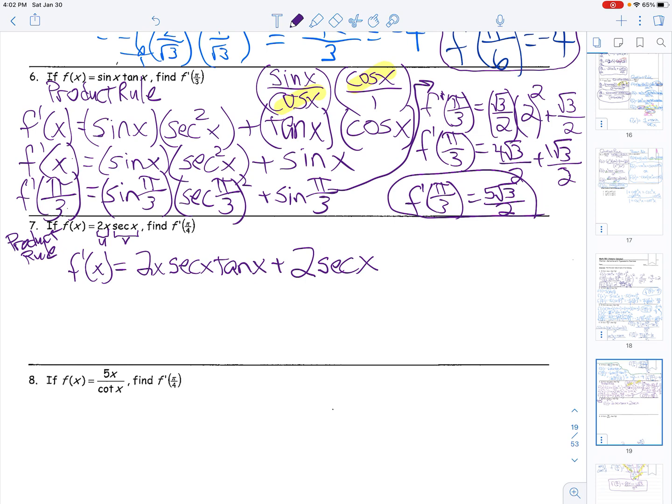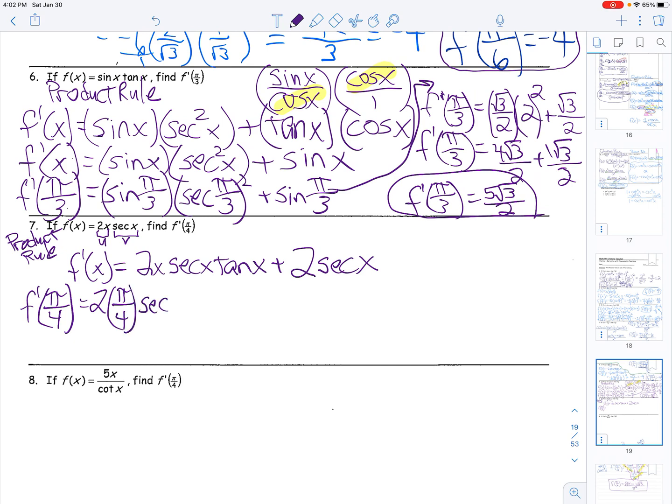It's not like stuff would cross out like it did in the previous question with cosine. Right, I could factor out a 2 secant of x from both terms there. But like I said, it wouldn't go away, so if you want to, you can factor out, but I'm gonna leave it here. I'm just gonna go ahead now and plug in pi over 4.